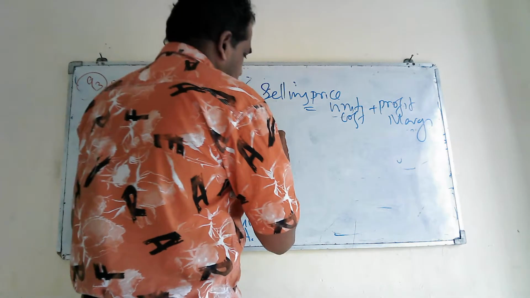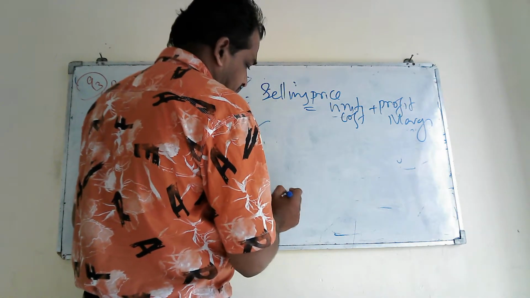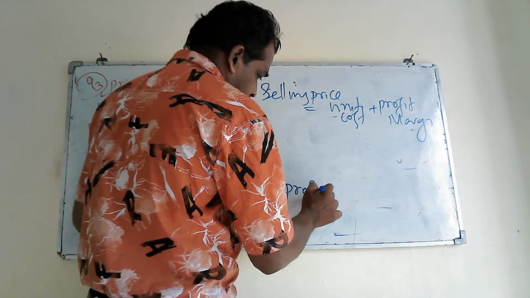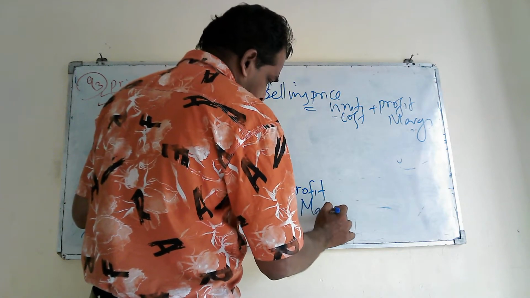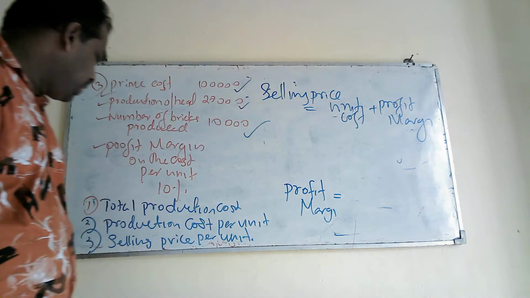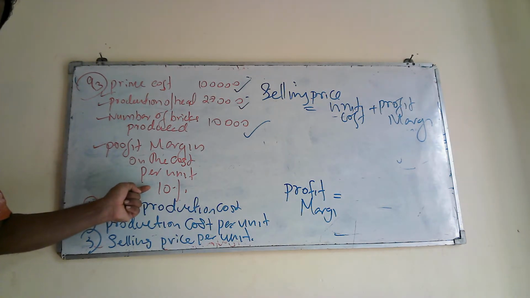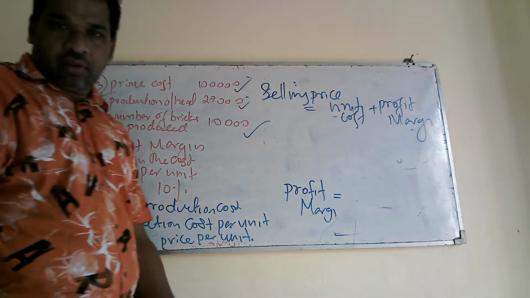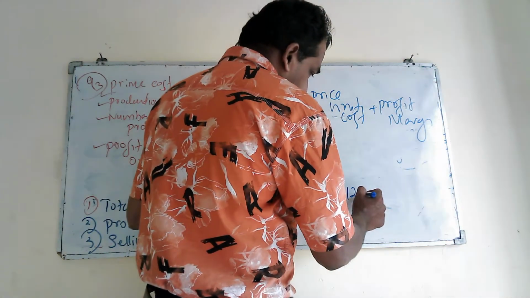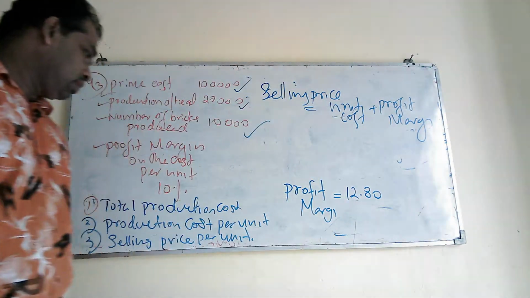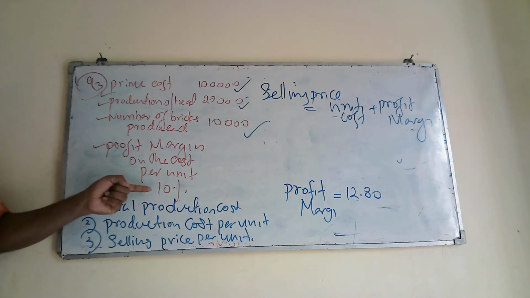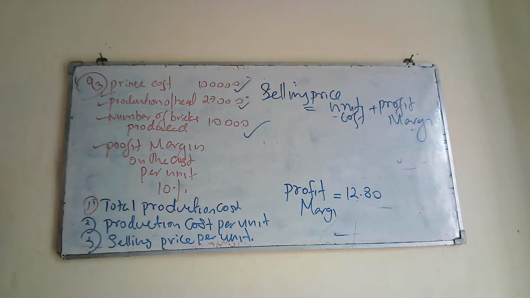Then we should know the profit margin. You have to take the profit margin as 10% on the cost per unit. 12.8 is the unit cost. We are asked to take 10% from the unit cost.